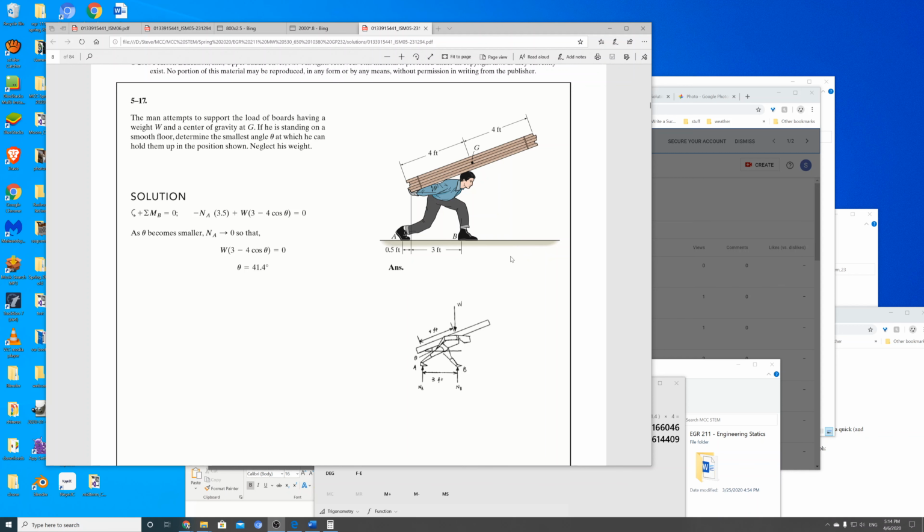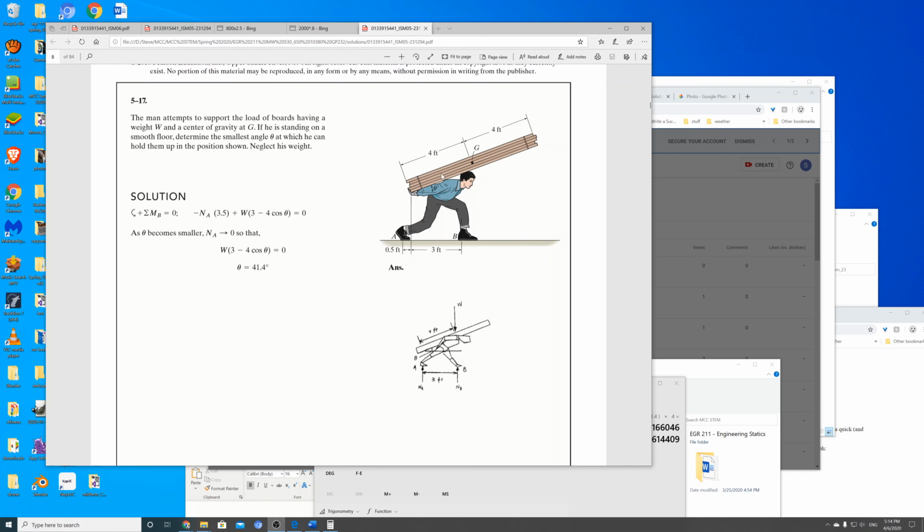So what we have is some distance from this point to here. Now, what we're looking for is how far away this G is. As the angle increased, G would come more and more over here.